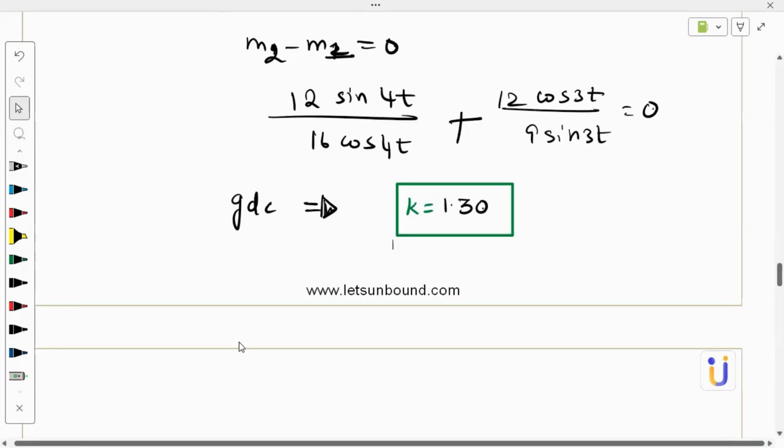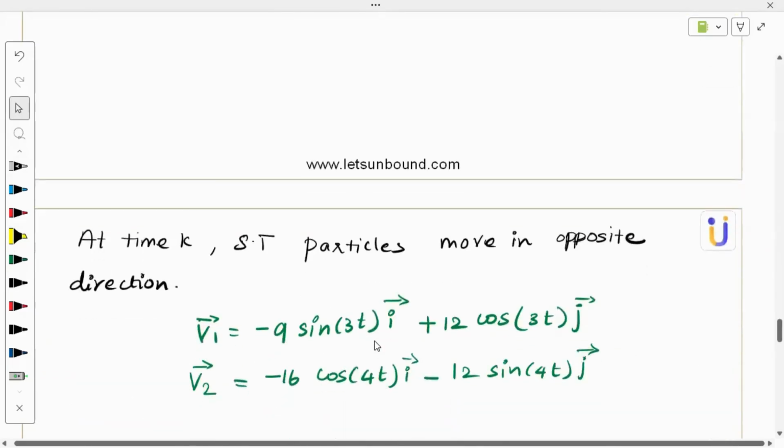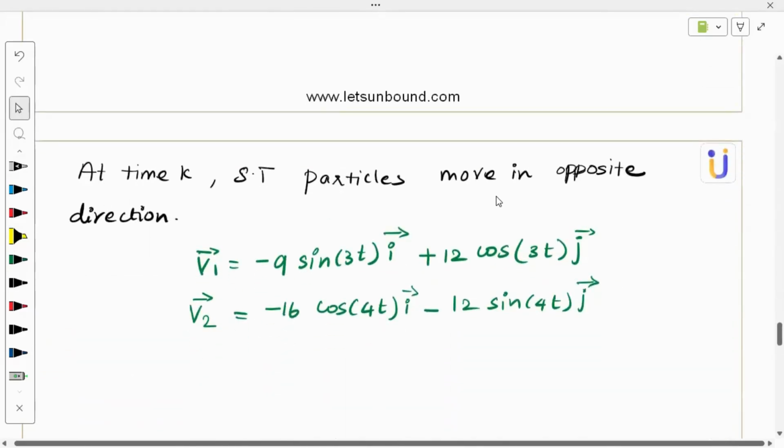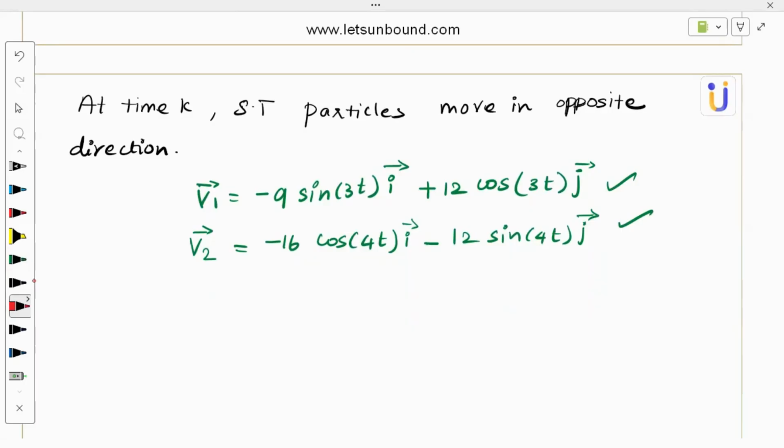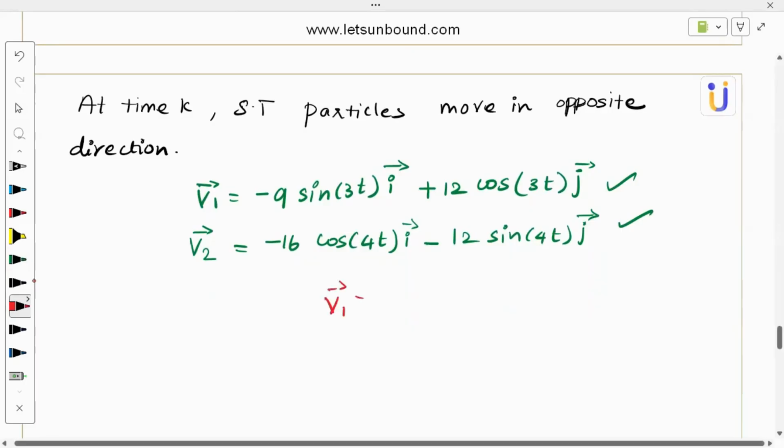Right. And next part. At this time k, show that particles move in opposite direction. Okay, the time I know and velocity we already found. I just copied that. To prove the vectors are moving in opposite directions, we have to prove v1 is equal to a negative scalar multiple of v2, or v2 equal to one.